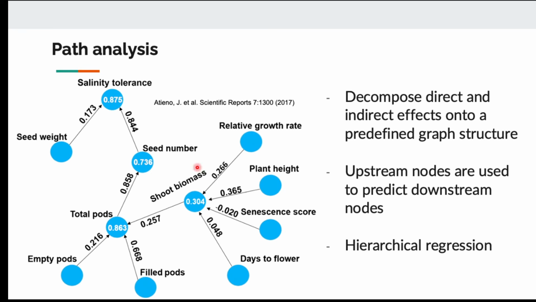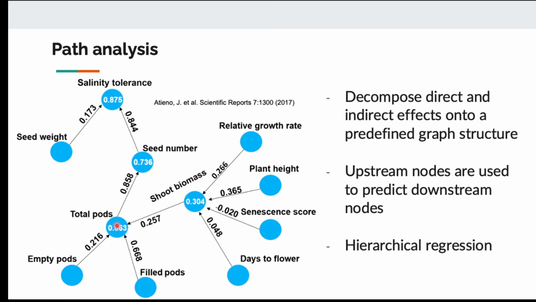So using this kind of knowledge that we can gain over time, once we write this kind of diagram, we can collect phenomics data. But when we are building the model, what factors we want to use to explain another factors, we're going to restrict ourselves to this diagram. So when we want to explain the biomass that we collect as a phenotype, we're going to explain the biomass using only what we know about the growth rate that we collect from the plant, the height of the plant that we measure, the days to flower that we collect from the plant.